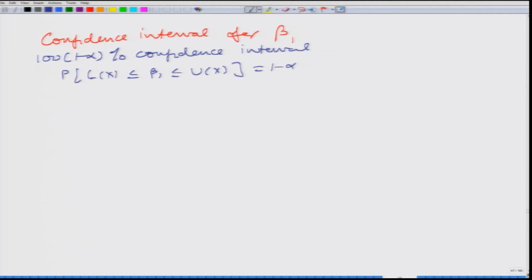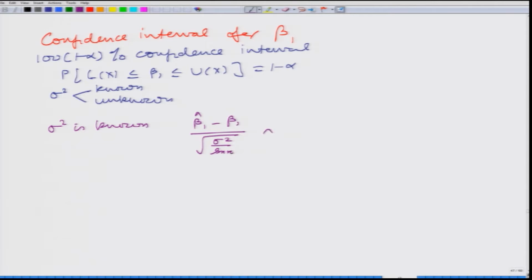Now, in this case we will have two options: one option is sigma square known, and another option is sigma square unknown. We had seen earlier that when sigma square is known, then beta 1 hat minus beta 1 over square root of sigma square over Sxx follows a normal distribution with mean 0 and variance 1.